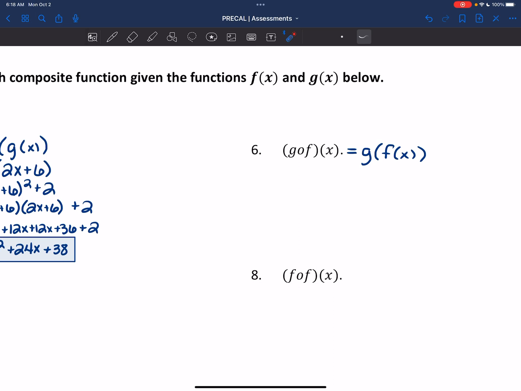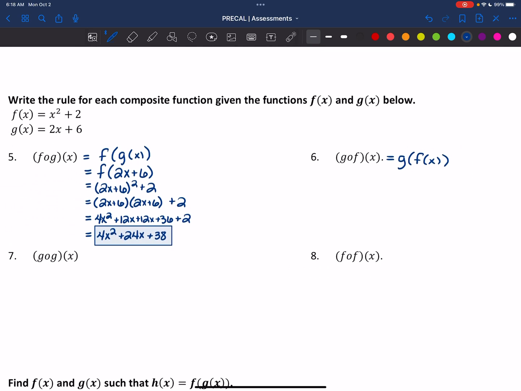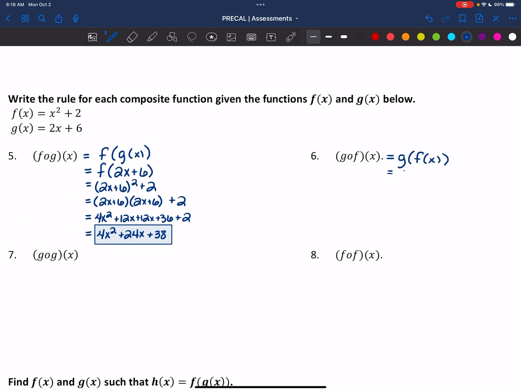Some of you have done this in the reverse order, and in doing so, you have not actually answered the question. You've answered a totally different question. You do have to do the composition in the correct order. Okay, so what is the rule for f? Let's go ahead and write this in here. It's g of x squared plus 2. And so we're going to let x squared plus 2 be the input in our g function.